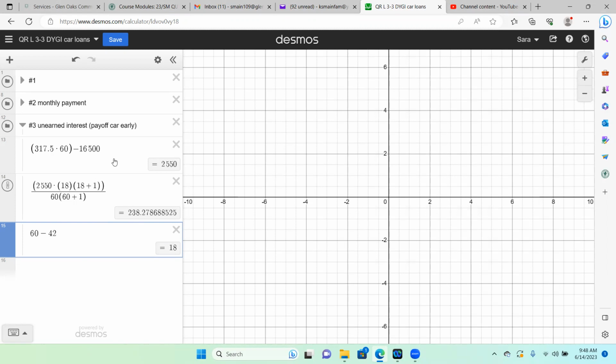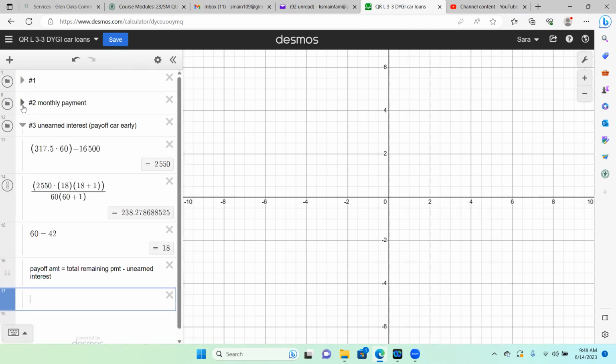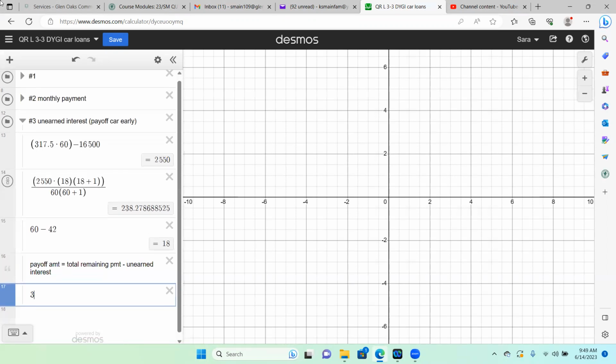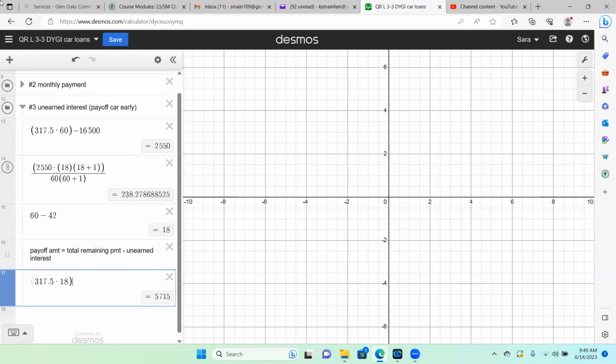And then my payoff amount is going to be the total remaining payments minus the unearned interest. And so our total number of remaining payments is that $317.50 payment times the 18 remaining payments.